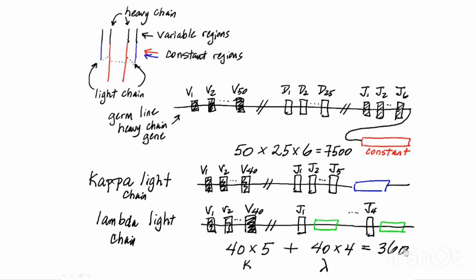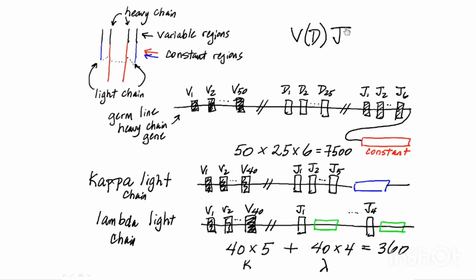So every antibody has to have 2 identical heavy chains and 2 identical light chains. There are a total of 7,500 different combinations that can produce a heavy chain, and a total of 360 different ways you can produce a light chain. The germline heavy chain gene undergoes VDJ recombination, and the light chains undergo VJ recombination.